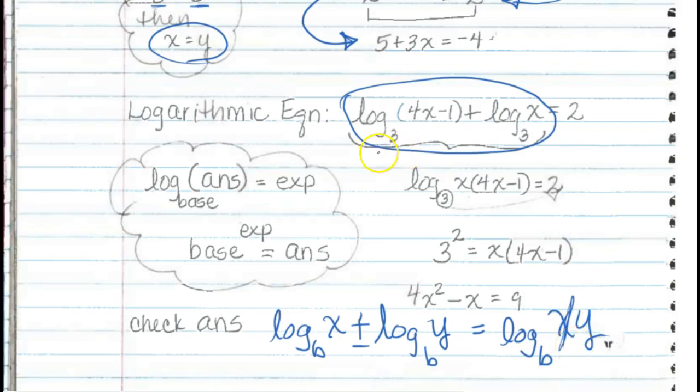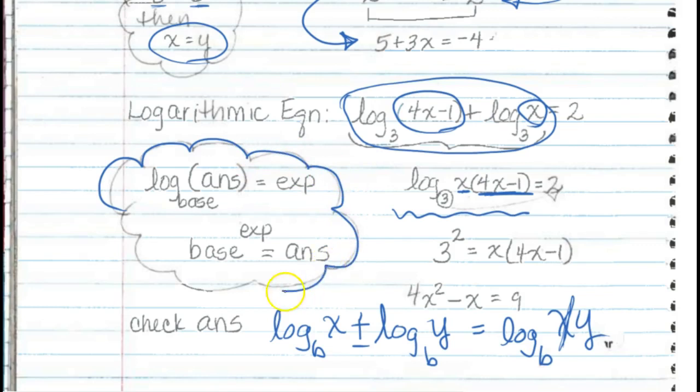So with that, now you can see why I end up with just this one log, and I'm multiplying the x from here and the 4x minus 1 from over here. I still have the same base. Now that we have that, I'm going to use this great fact, the conversion between logs and exponents. See, I don't know how to solve this in terms of base 3.